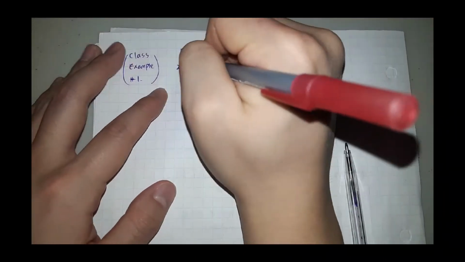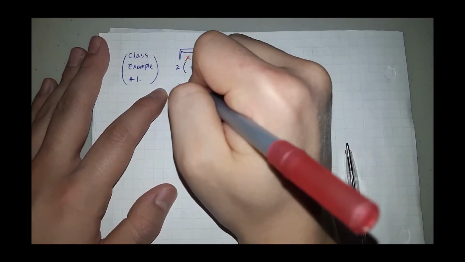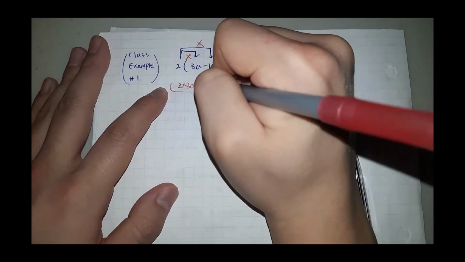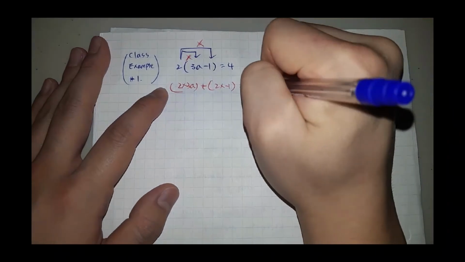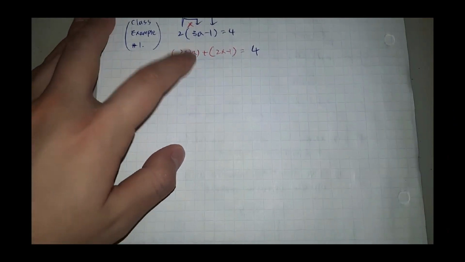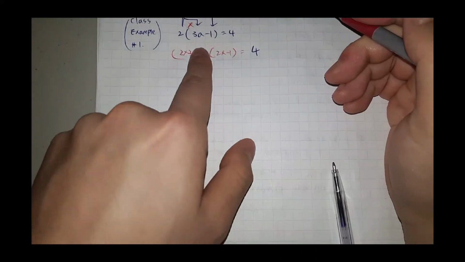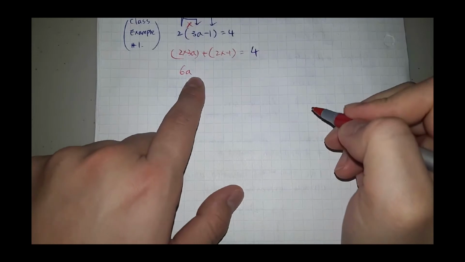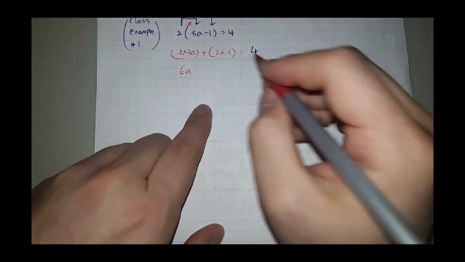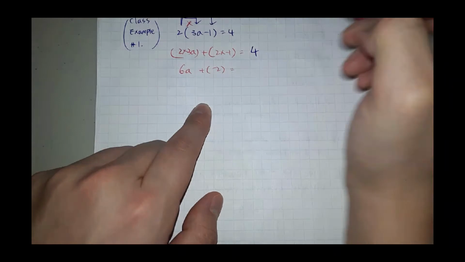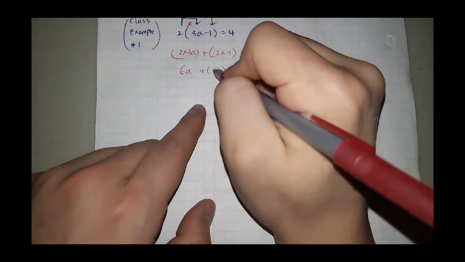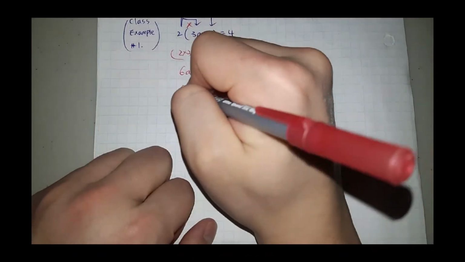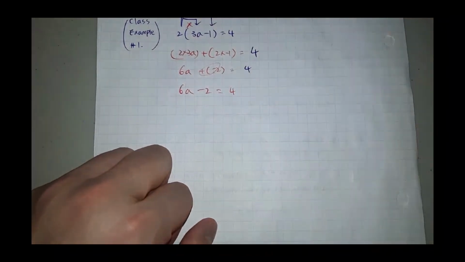So that means 2 times 3a is the first one, and 2 times minus 1 is on the left side now. 2 times 3a, we're just looking at the number: 2 times 3 is 6 with variable a. Plus 2 times minus 1 is actually minus 2. The right side just stays as it is. That means, to simplify the sign, 6a minus 2 is equal to 4.